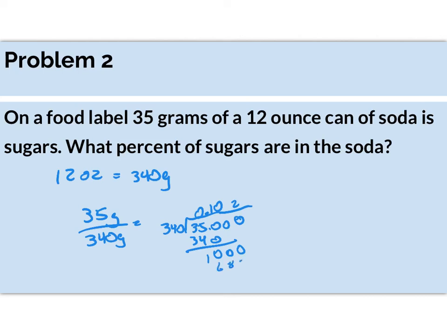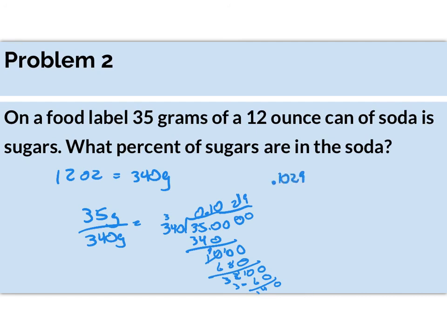It gives you 680. Let's try 9. 4 times 9 is 36, 3 times 9 is 27. So that's 140. Okay, so now what I'm going to do is stop the division here because we went past the thousandths place.